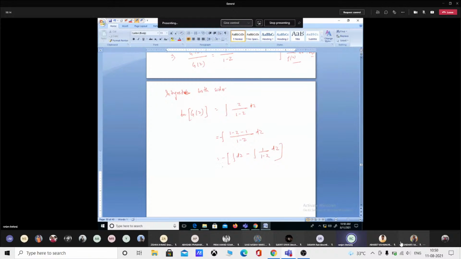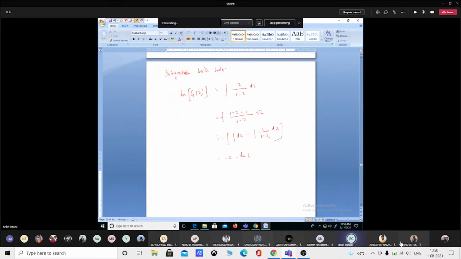So how much will you get? It is minus z, and this side is log of minus z, so plus 1 is minus log of 1 minus z. So suppose z is positive, otherwise we have to put the mod value over here.